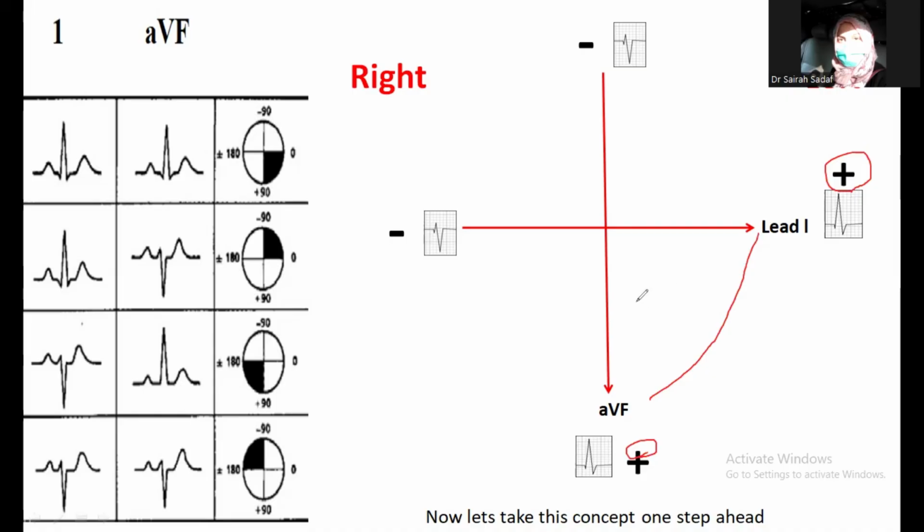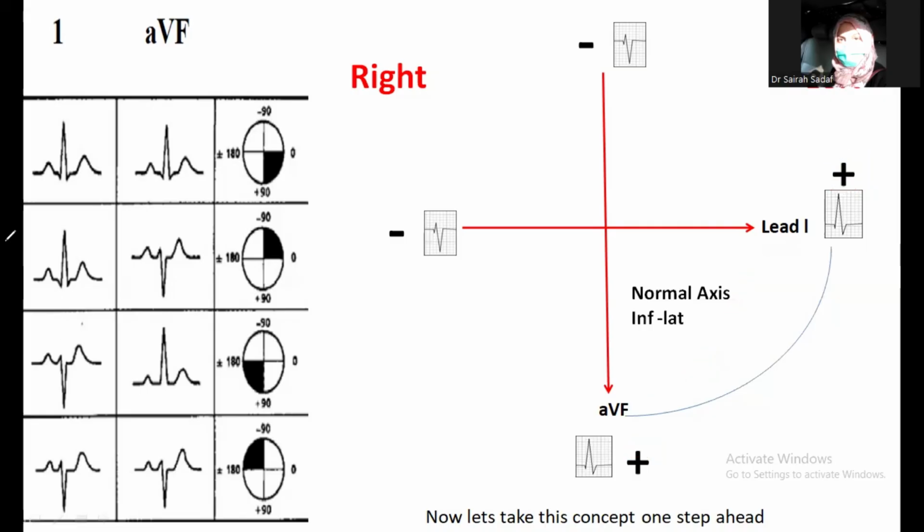It will be the normal axis of the heart. This is known as the quadrant approach. Just draw a circle and divide it into four quadrants. This one is the normal axis of the heart, because what is the axis of the heart? Inferior and lateral.